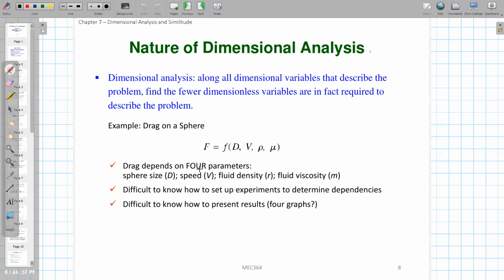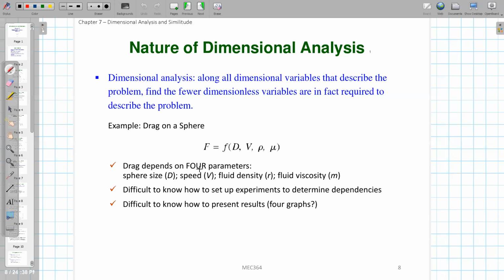You try to reduce your experimental data to some correlations, doing data regression. But it will be very expensive, as I already mentioned, because you have 4 parameters here. It's very difficult to set up experiments involving a lot of parameters.